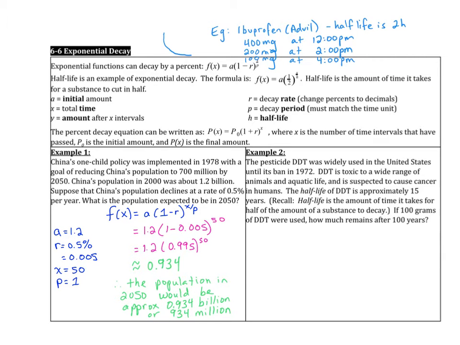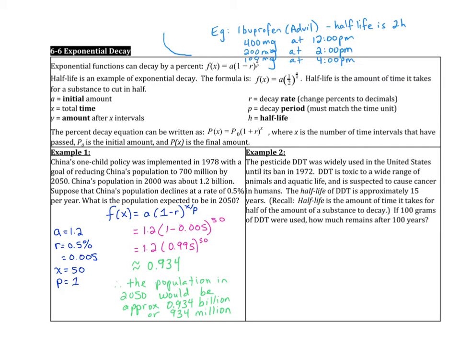All right, the next question is, the pesticide DDT was widely used in the United States until its ban in 1972. DDT is toxic to a wide range of animals and aquatic life and is suspected to cause cancer in humans.